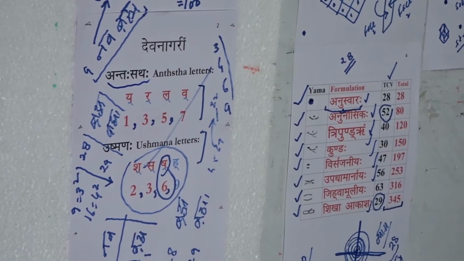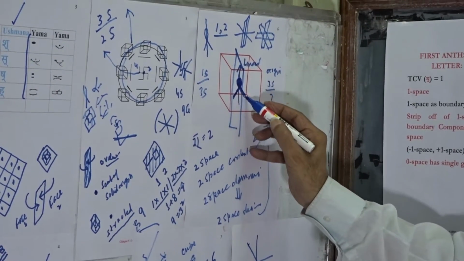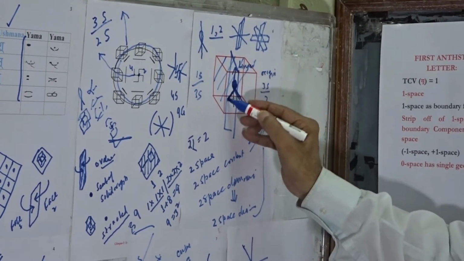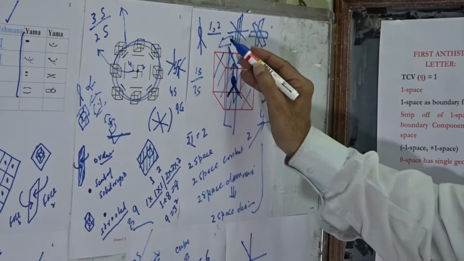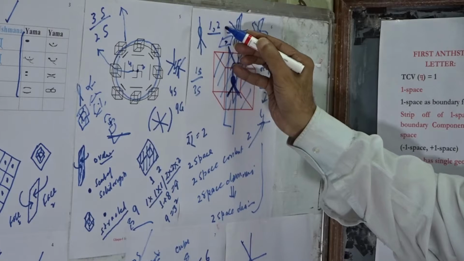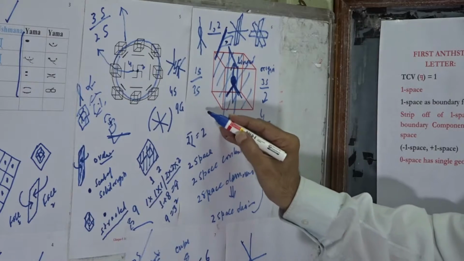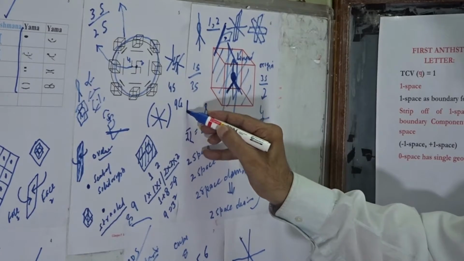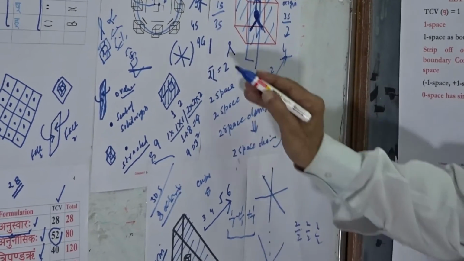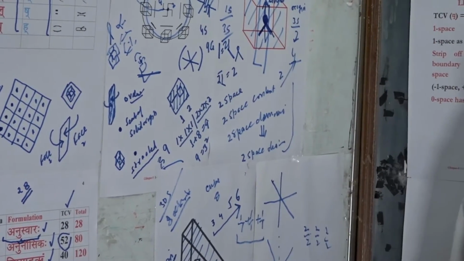As we have seen yesterday, we can recapitulate that this transcendence phenomenon of the spatial order of the format of the first Ushmana letter, after exhausting 3 space domain, will be contained by the spatial boundary. Now this would be a reach up till this, but this spatial boundary itself is enveloped by a linear boundary. Therefore, this transcendence phenomenon as the end result will be resulting in one space in the role of a boundary, and we know 1 is the TC value of the first Anthastha letter.